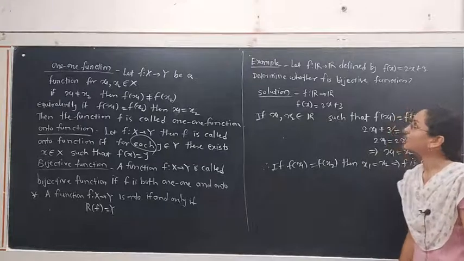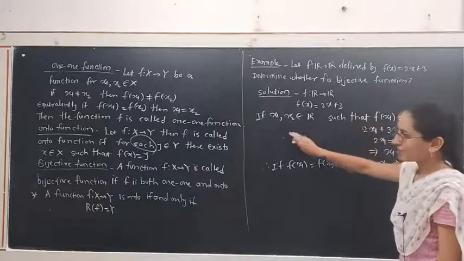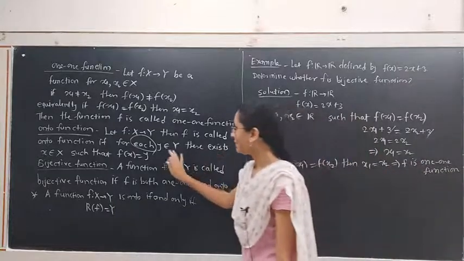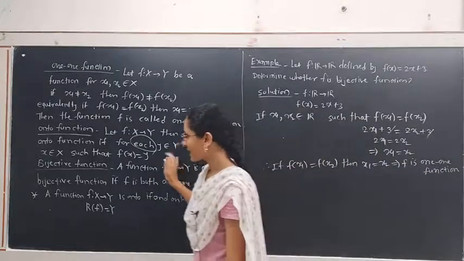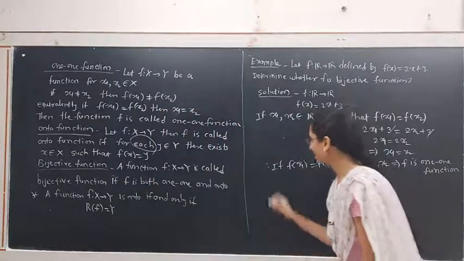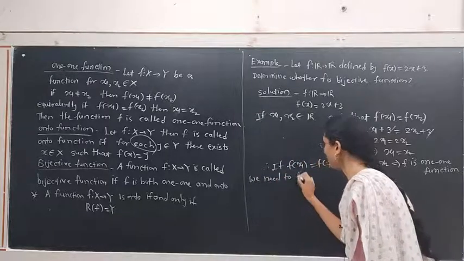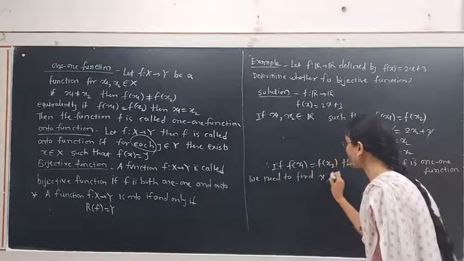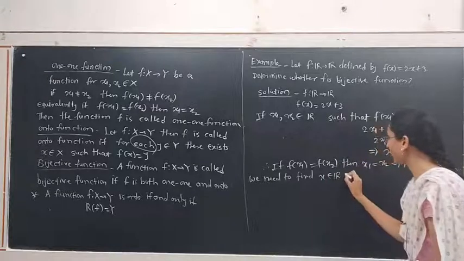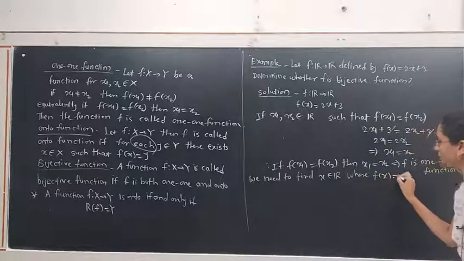To determine whether it is onto or not, see what is the definition of onto function. For each y belongs to Y, there exists x belongs to X such that f of x is equal to y? Means we need to find x belongs to R, where f of x is equal to y.